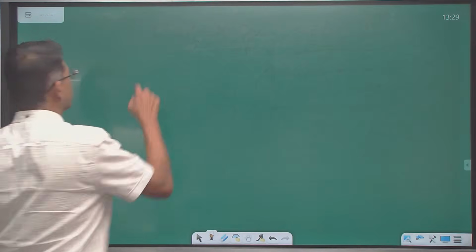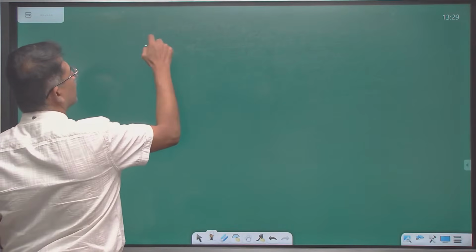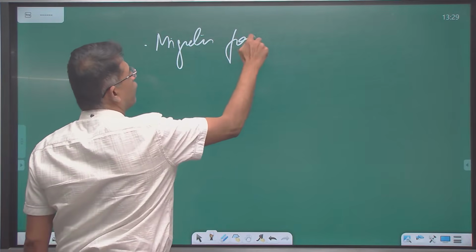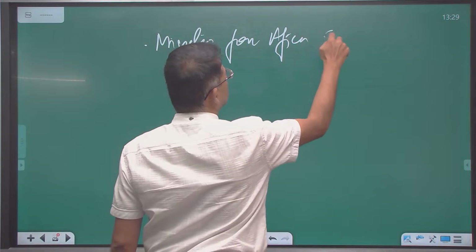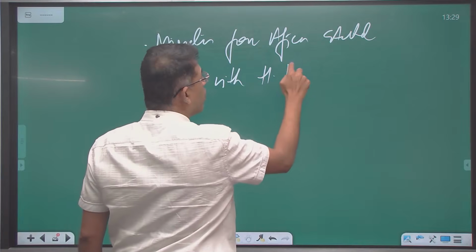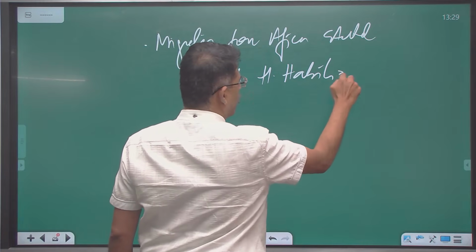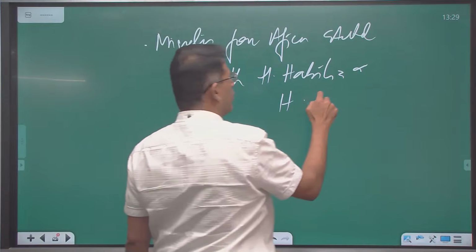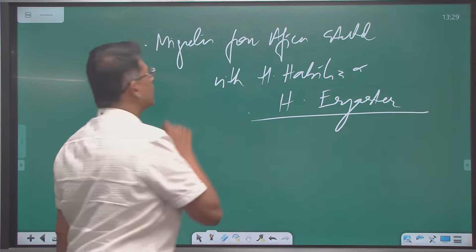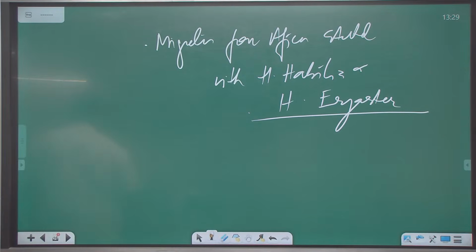Achha, next point here is the migrations from Africa started with Homo habilis about 1.8 odd million years ago, and with Homo ergaster.